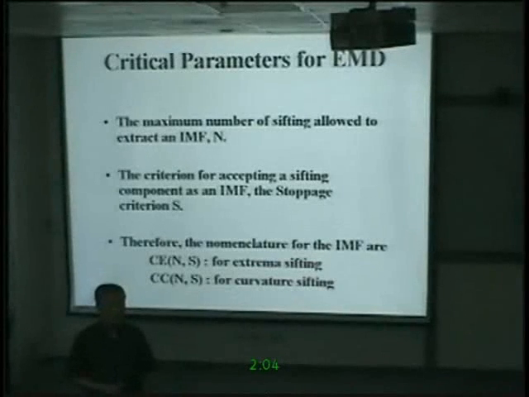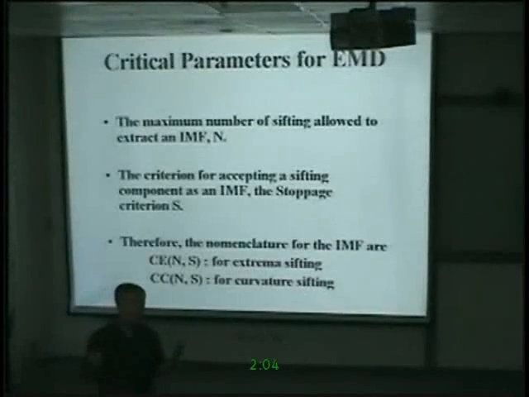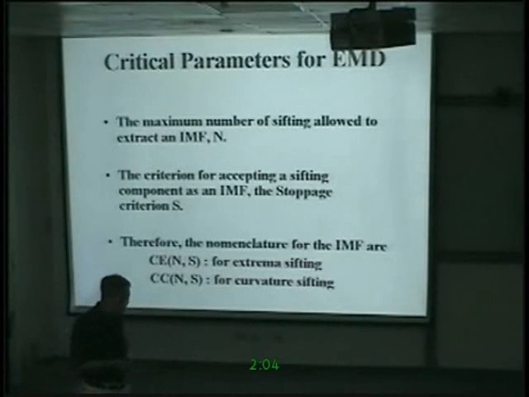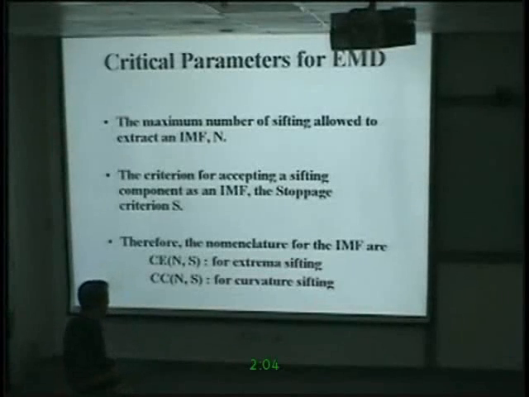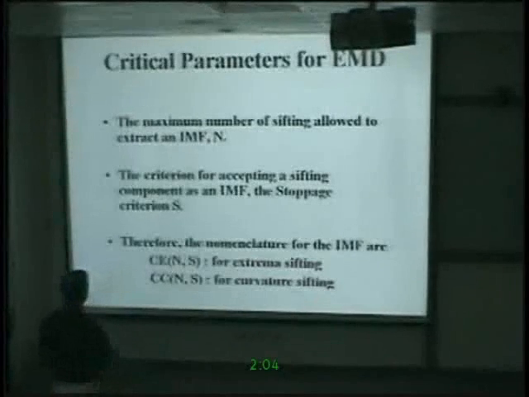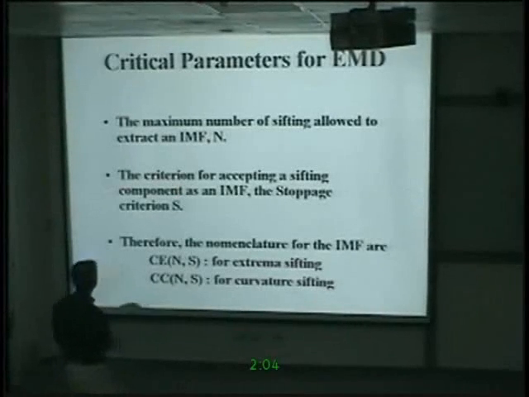In other words, you keep on shifting. The more you're shifting, the more component you got, and the scale does not reduce. The scale actually increases. So that's called a range phenomena.